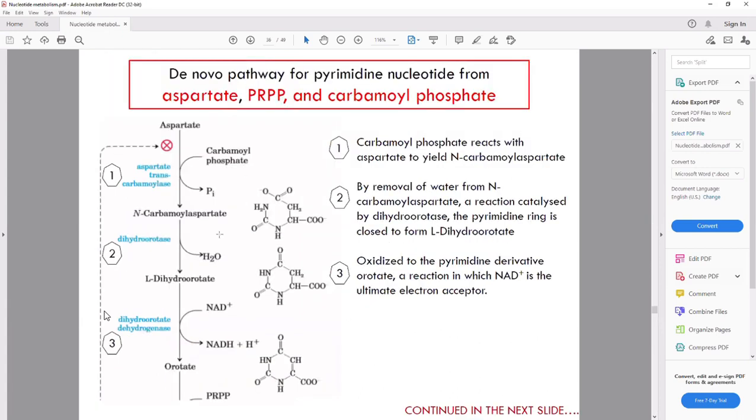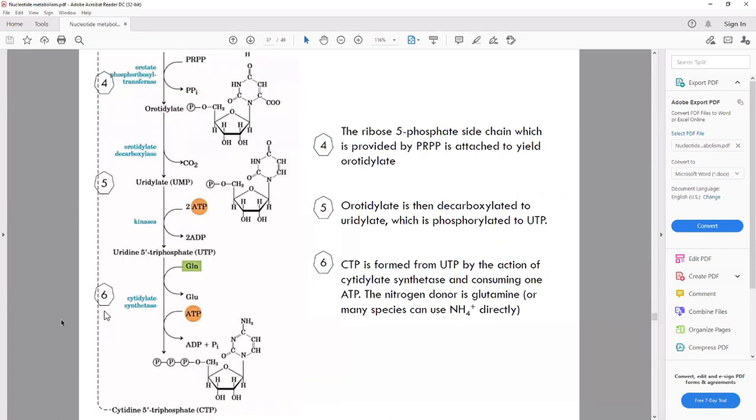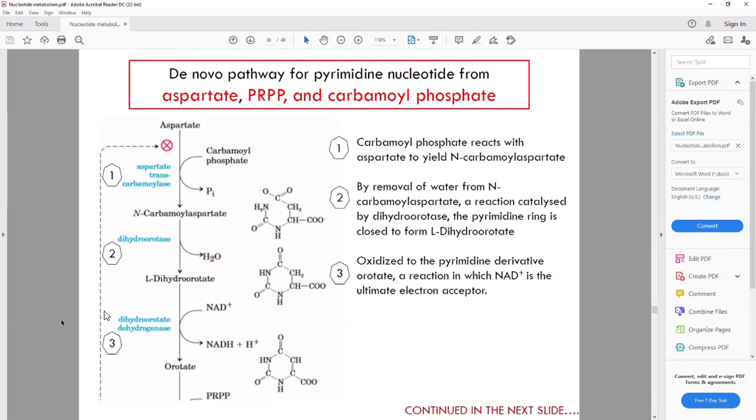For pyrimidine biosynthesis, I have to go quickly. So in pyrimidine biosynthesis, we know that carbamoyl phosphate synthetase is there. The enzyme aspartate transcarbamylase is inhibited by CTP.